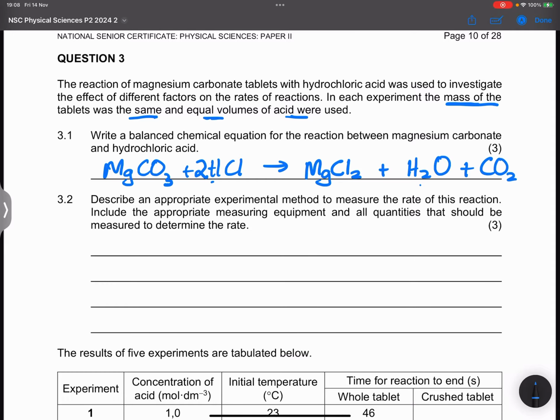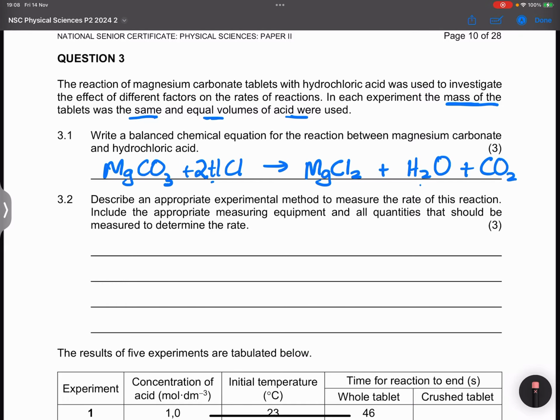So they say describe an appropriate experiment method to measure the rate of this reaction. Include the appropriate measuring equipment and all quantities that should be measured to determine the rate of reaction. Okay. So there are several ways. I think you can use a measuring scale for magnesium carbonate.